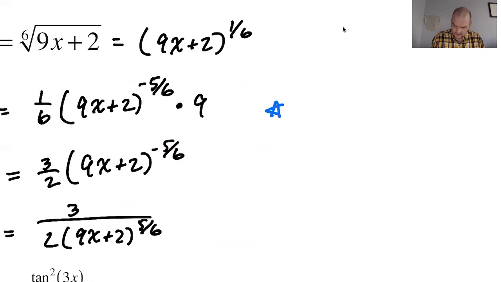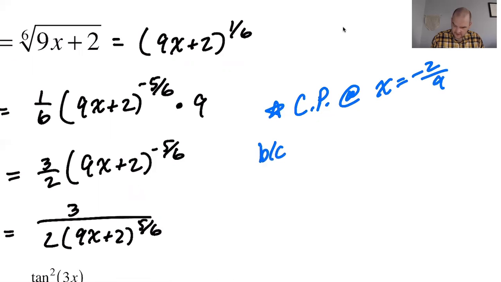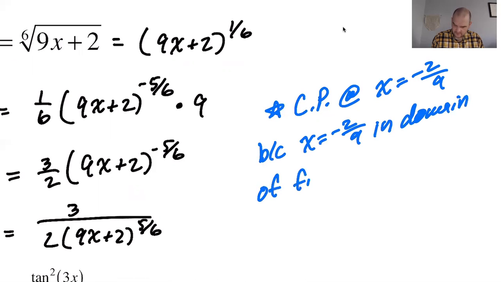So I say critical point at x equals negative 2/9 because x equals negative 2/9 is in the domain of the function, but the derivative is undefined.